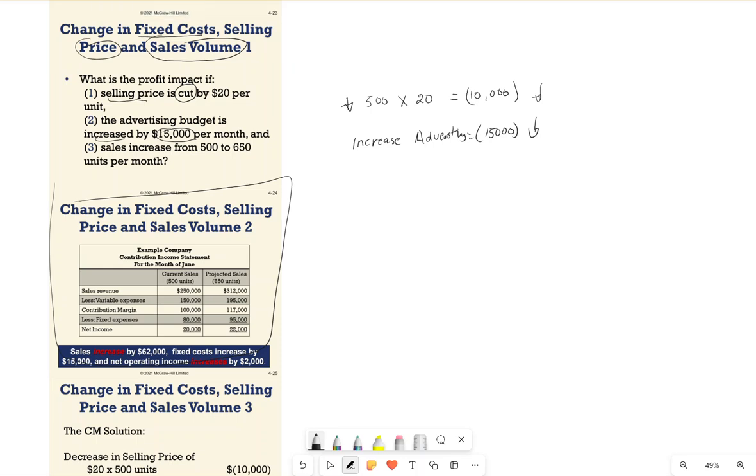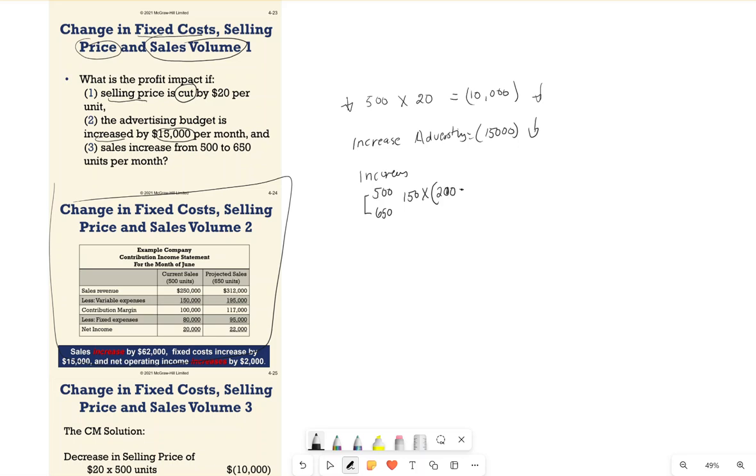And then the next one is an increase in selling units. We sold 500 units, that's my break even. Now we have 650, an increase of 150, but the price changed, so we are going to multiply by the contribution margin.